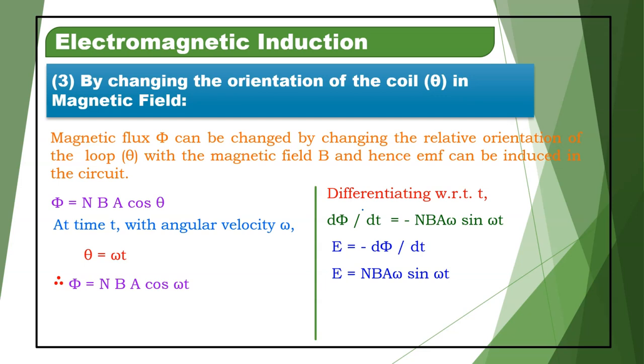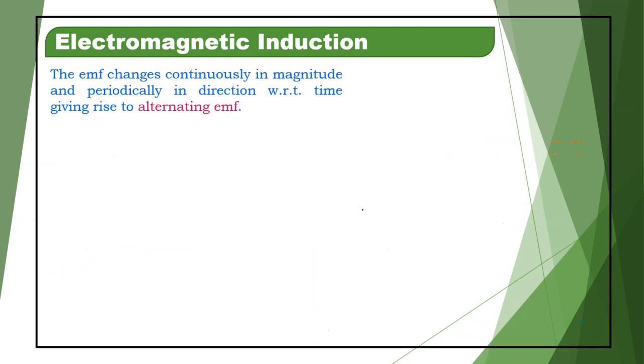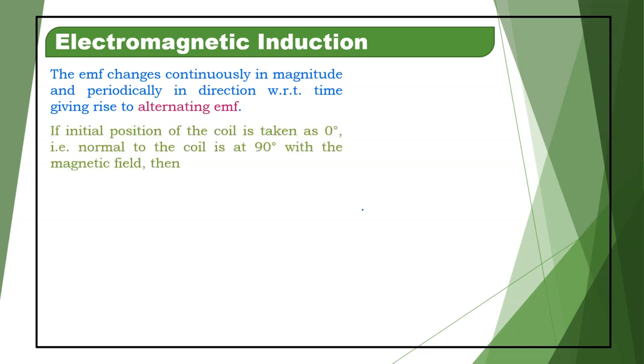What we did was differentiate this term, and the value E naught sin ωt comes in. The value of E naught is NBAω. This is the maximum EMF. The EMF changes continuously in magnitude and periodically in direction with respect to time, giving rise to alternating EMF.